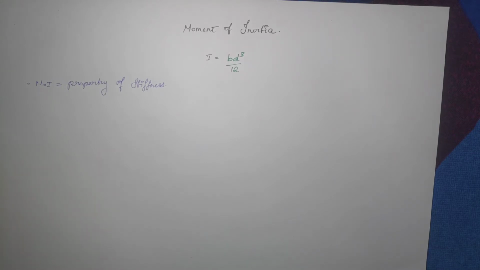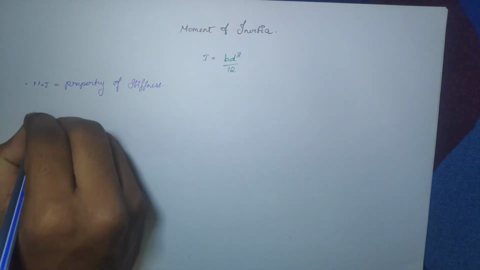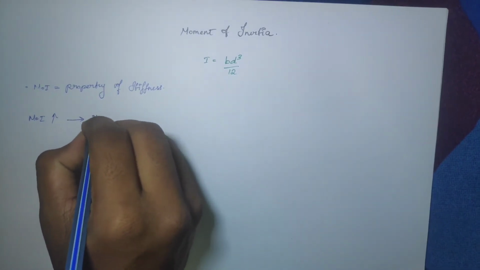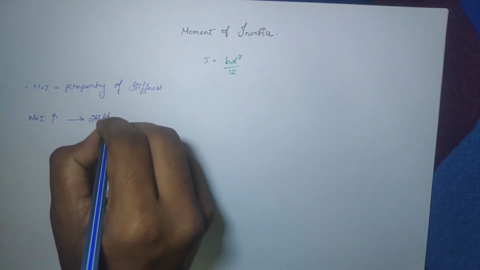Then what is stiffness? Stiffness is nothing other than rigidity. The more stiff the component is, the more rigid it is. So the more moment of inertia a component has, the more stiffness and rigidity the component also possesses. So as the moment of inertia increases, stiffness also increases.